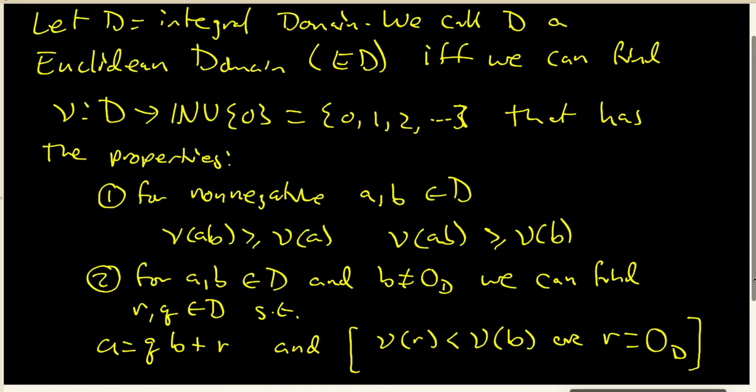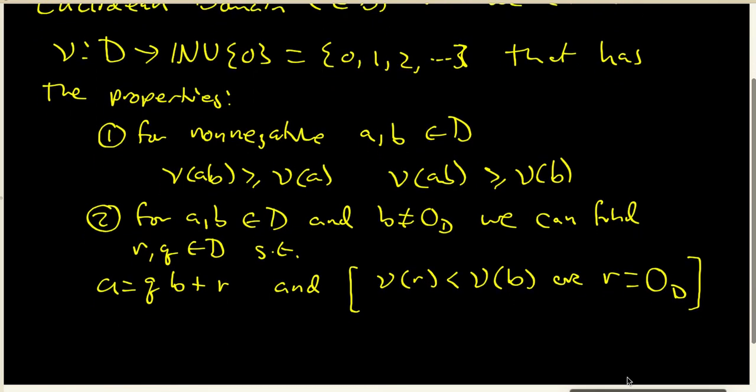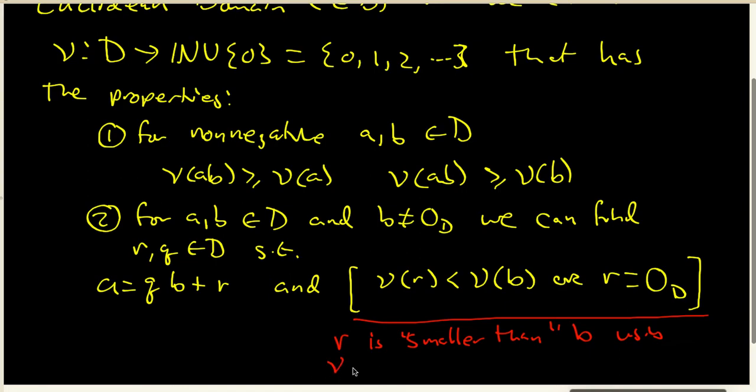Now it's important to understand that what this second piece of stuff is saying is basically saying that R is somehow smaller than the divisor B, using nu as the measure of size inside our domain D. And here again, it turns out that under certain circumstances, if nu of B happens to be equal to the same thing as nu of 0, that's going to force the remainder to actually be equal to 0 here.